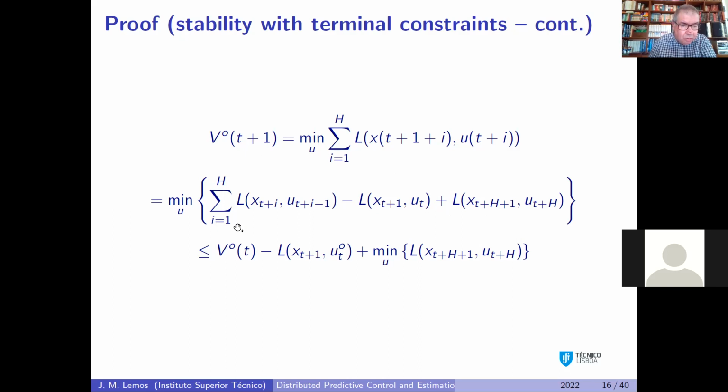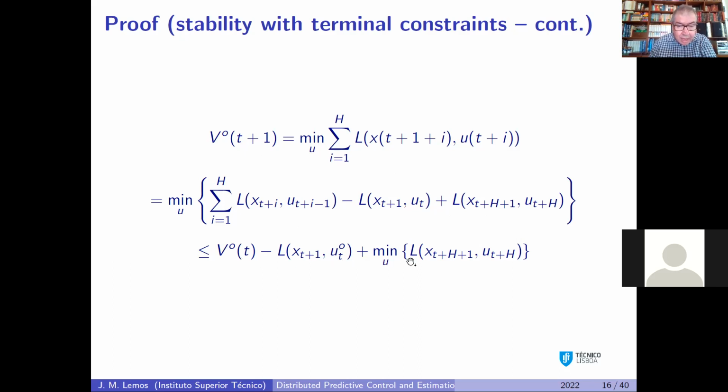So I can think that I do the minimization up to not the last point, but the point before the last. Okay, so I go along an optimal trajectory along the first part. That gives me VO and this term here with the optimal control.